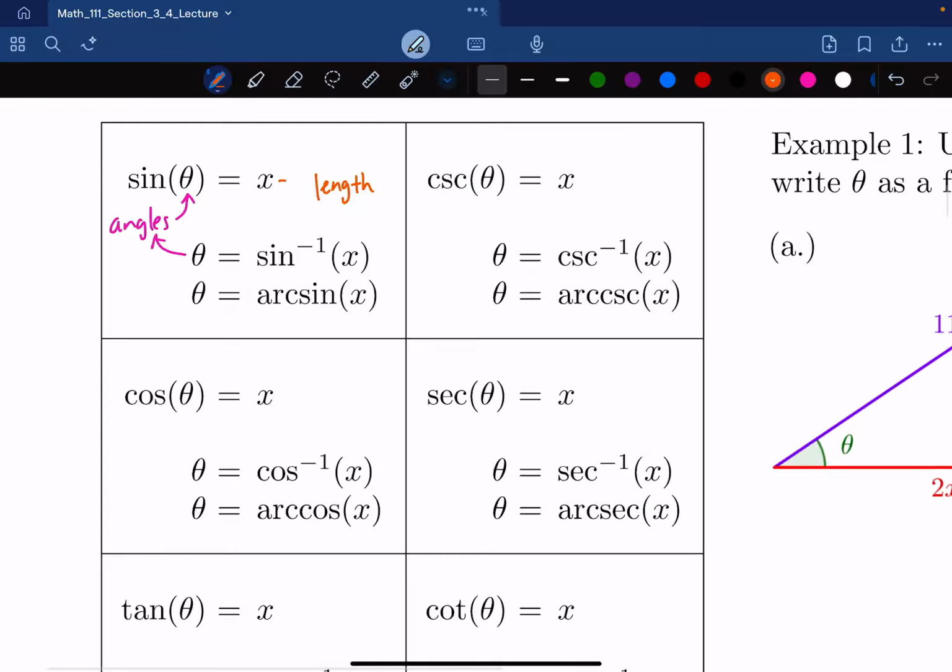Maybe I should write it this way. Okay, and this relationship is exactly what tells you that they are in fact inverses of each other.